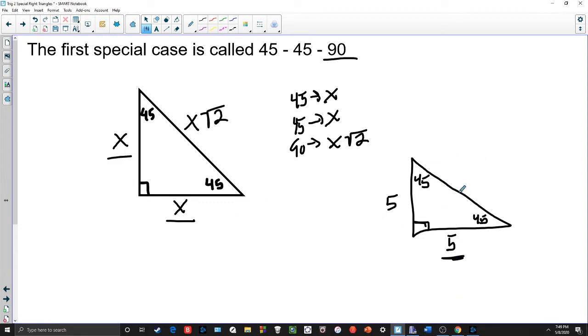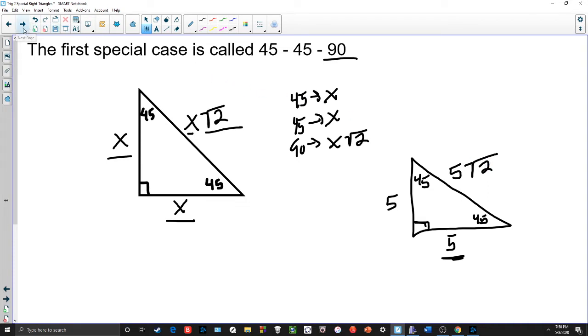And that means this side over here is going to be x times root 2. In this case, x is 5, so it'd be 5 root 2. That's what we mean by x, x, and x root 2: 5, 5, and 5 root 2. That's the ratio that the sides share. If this was a 10, it'd be 10, 10, and 10 root 2. Same style there.